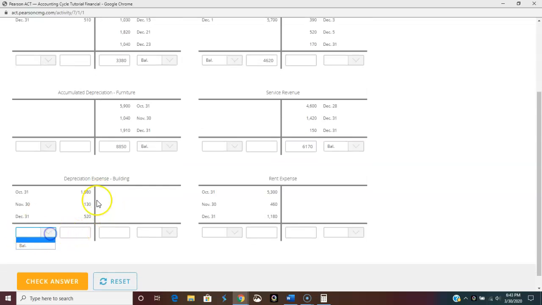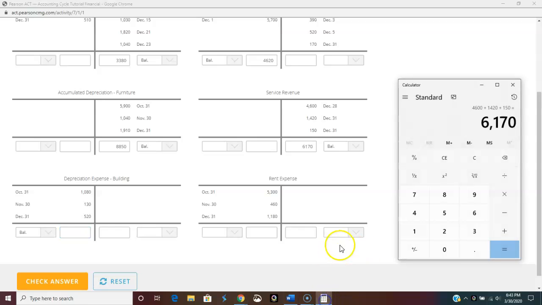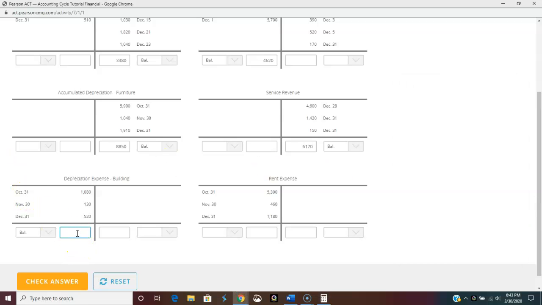Depreciation expense, we have nothing over there, so the balance has to be on the debit side. Again, 1080. I like to clear this. 1080 plus 130 plus 520, 1730. I also have Messenger open just in case you hear a ding.